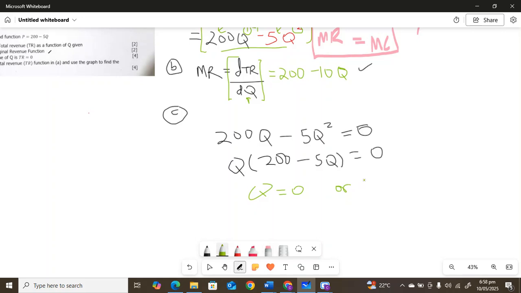So 200 minus 5Q equals 0. Then you solve for Q. You take negative 5Q over the equal sign.